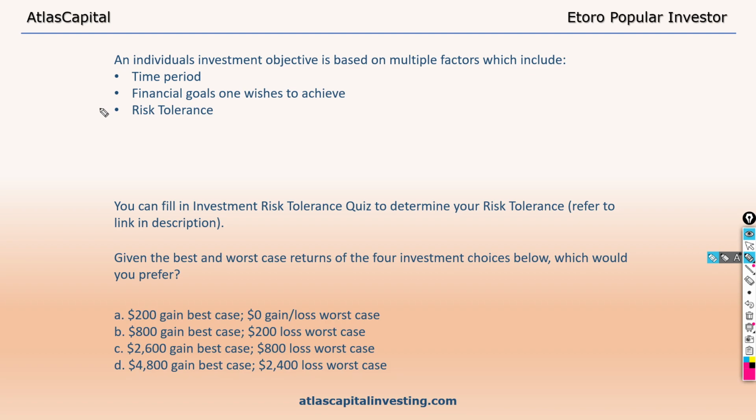One of the tools you can use to understand this is to fill in a risk tolerance questionnaire. I'm going to leave a link in the description to one of the questionnaires which you can use. And here is a typical question you will have in this questionnaire.